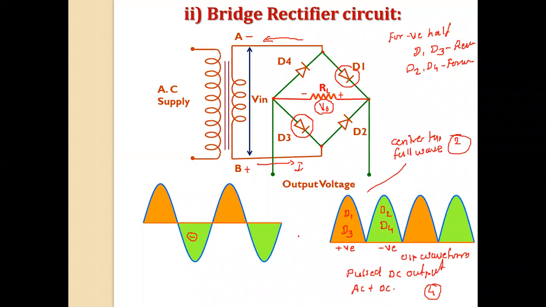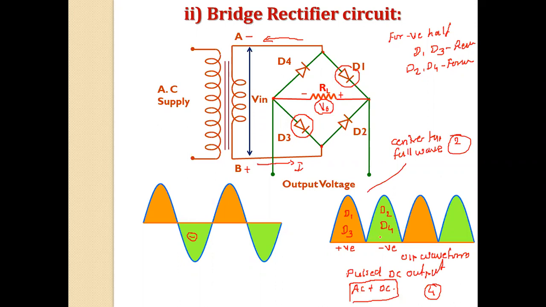We will not get a pure DC signal as an output of any type of rectifier circuit. It means that the output contains AC as well as DC component. Get it my point?